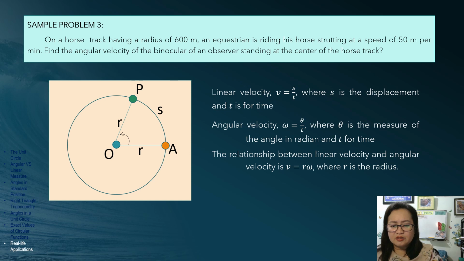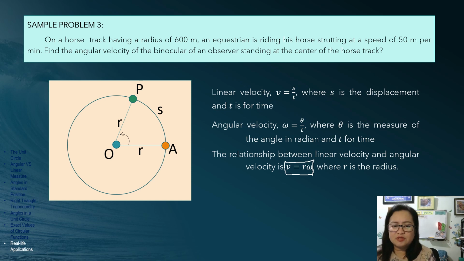These two are related to each other. Okay, the relationship between linear velocity and angular velocity would be v is equal to r times omega. The complete proof is presented in the book, so you can just read further how come we have arrived at v equals r times omega.